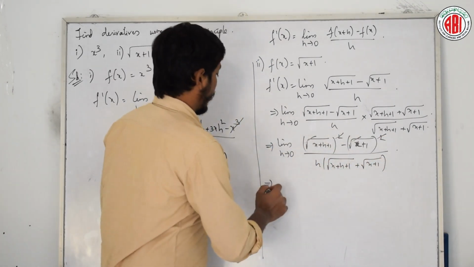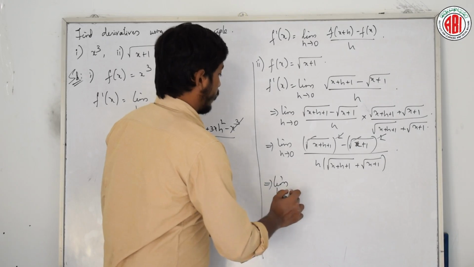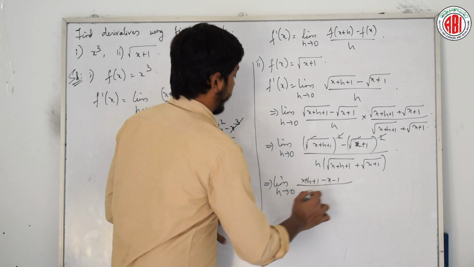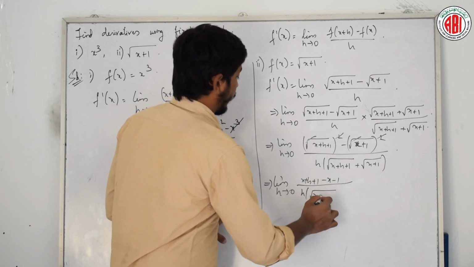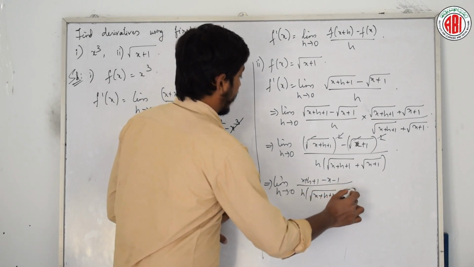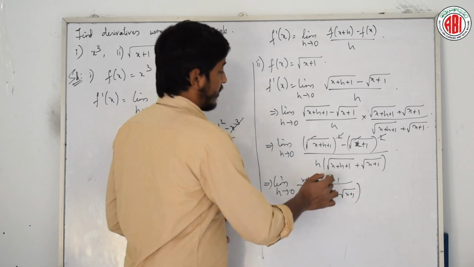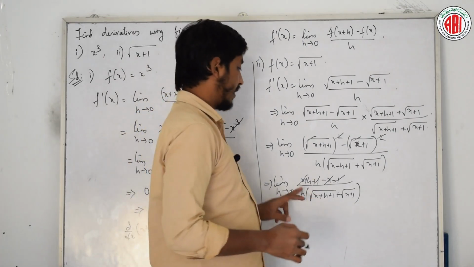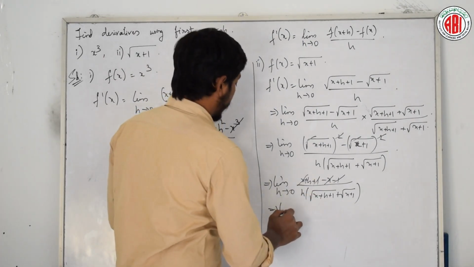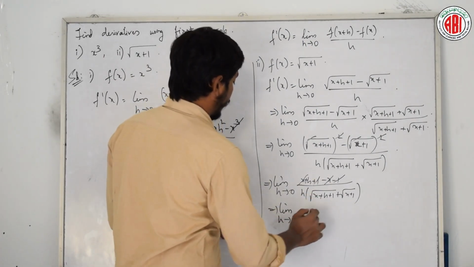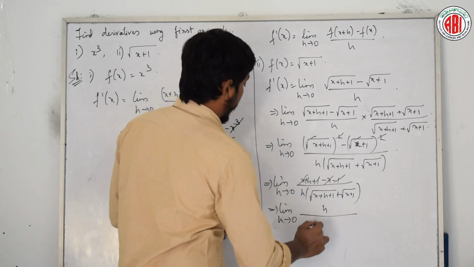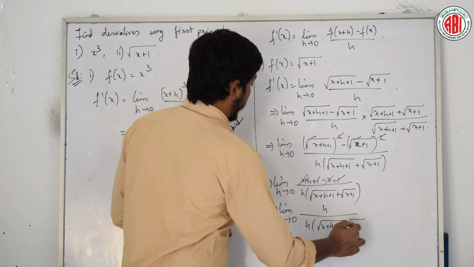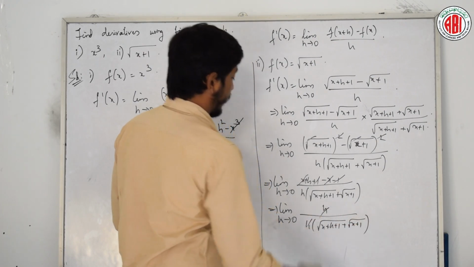What do we get? Limit h tends to 0, x plus h plus 1 minus x minus 1 divided by h into root of x plus h plus 1 plus under root x plus 1. Here, x will get cancelled, 1 will get cancelled. What is left? Limit h tends to 0, h by h into under root x plus h plus 1 plus under root x plus 1. Here h will get cancelled.